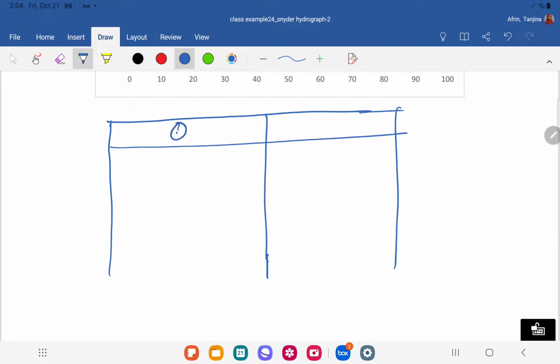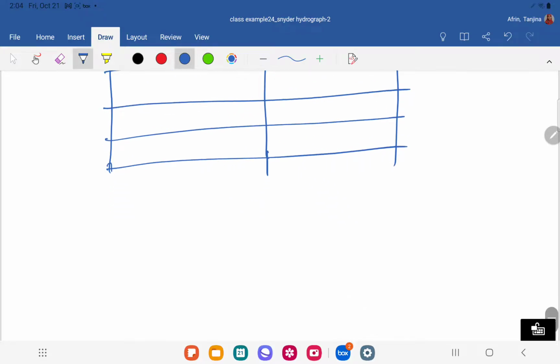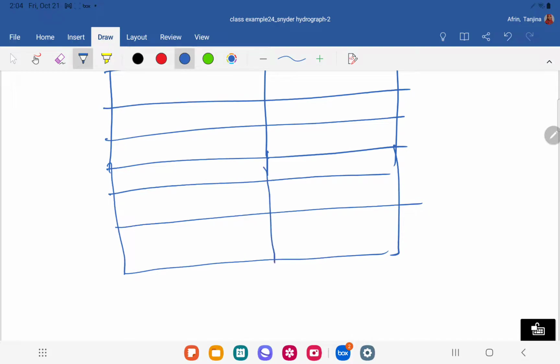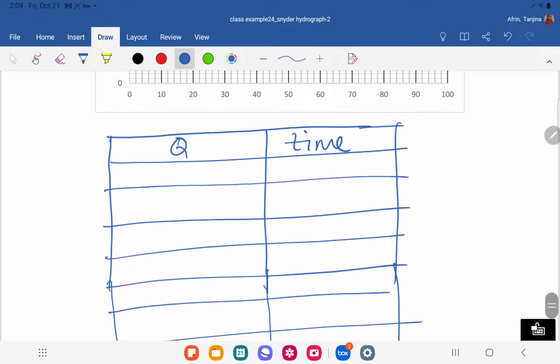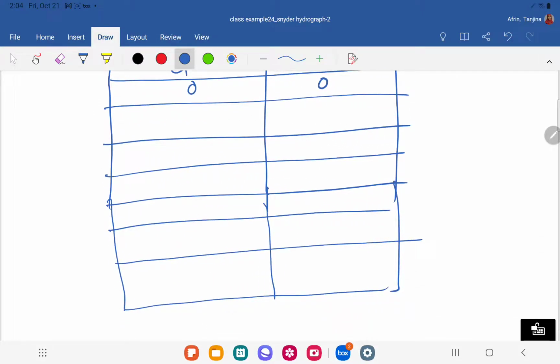This one will be Q, this one will be time, 1 2 3 4 5. The very first one is 0 0, obviously. The midpoint will be Q peak and the time, and this one is the Q at the end and the time. That's what we will do.